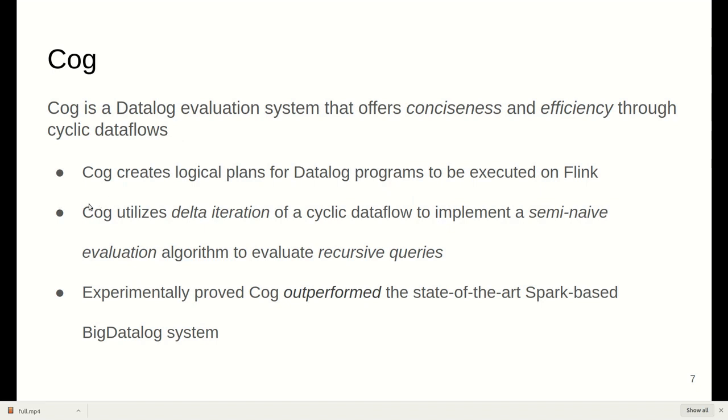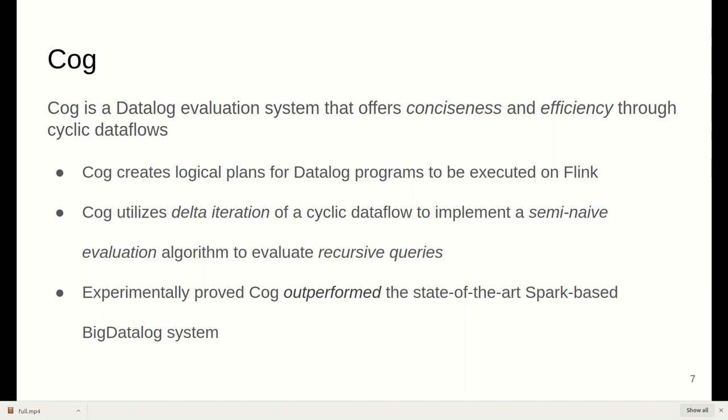We made the following contributions in our paper. Our system creates logical plans for the Datalog programs and transforms those plans to Flink's dataset based plans, and the Flink job graphs are created from the dataset based plan so that it can be executed on worker nodes.